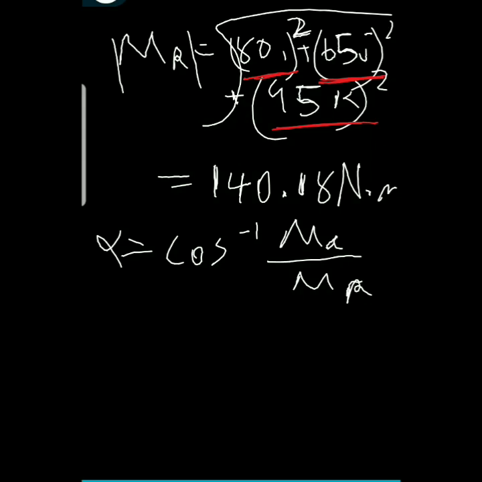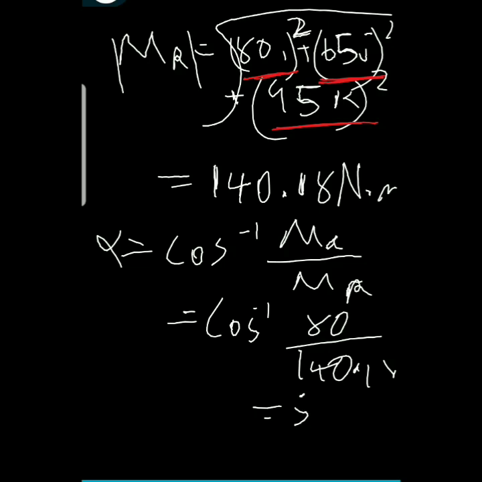So for alpha, we have cos inverse of 80 over 140.18, and this gives us 55.2 degrees. That will be our answer.